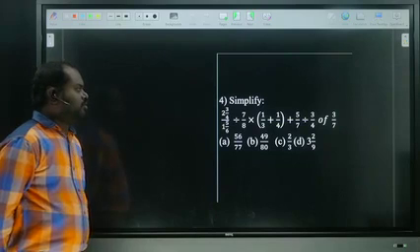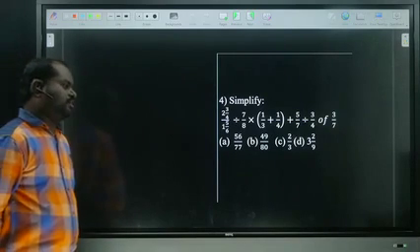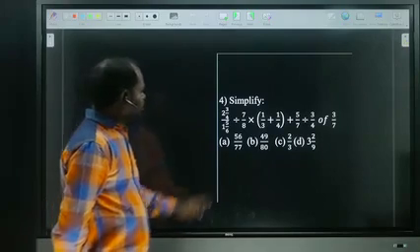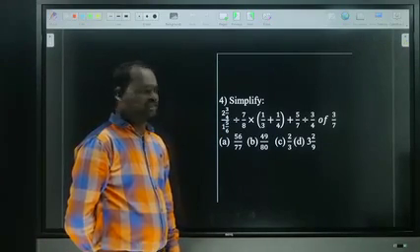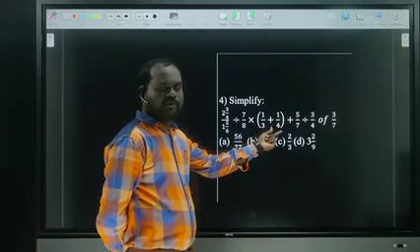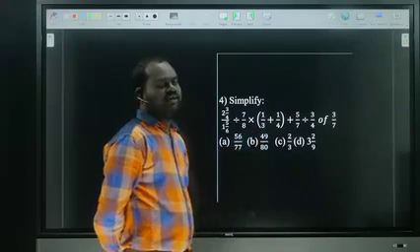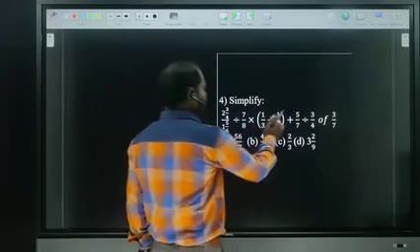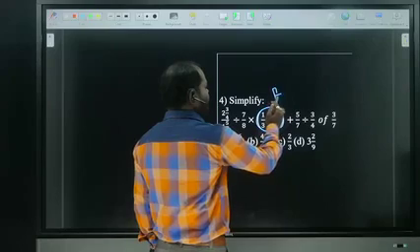Now as per the BODMAS rule, first of all the bracket. Before that, the mixed fraction 2 3 by 4: by conversion, 4 twos are 8 plus 3, how much? 11 by 4. The bracket: 1 by 3 plus 1 by 4, the actual denominator 12, 4 plus 3, how much? 7 by 12.